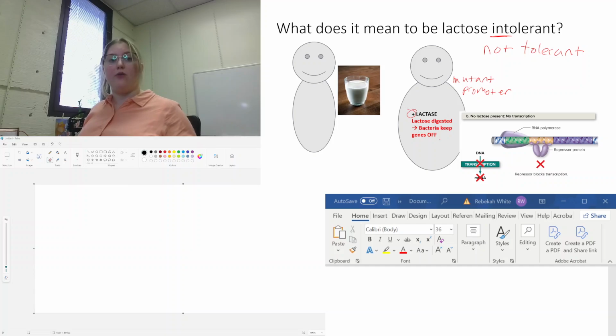He can break down lactose, the sugar. If all of that lactose is broken down, the bacteria keep their genes turned off, right? The repressor is bound to the gene because there's no lactose present.